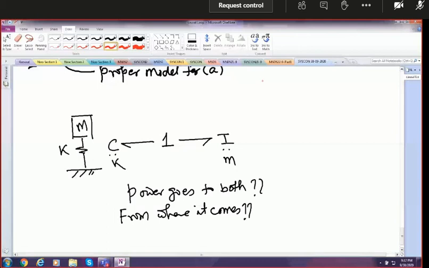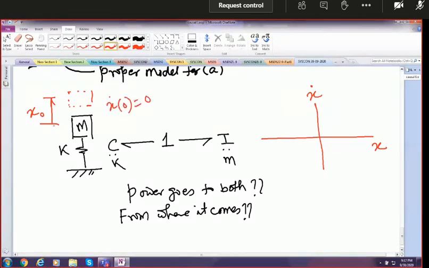Let's say we displace the mass somewhere. This is our original configuration. Let's say we displace it here, some x naught. So let's draw x and x dot. We are giving x naught, and x dot at t equal to 0 is 0. That means we have pulled it up and left.